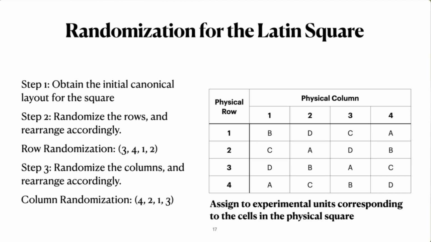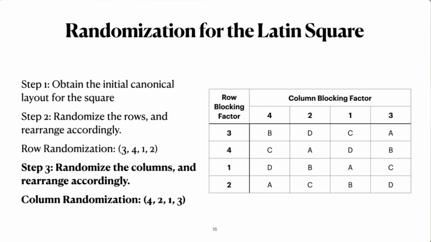And this is the organizational strategy that allows us to account for 2 extraneous sources of variation, and then when we do the analysis, we can perform treatment comparisons, either via pairwise comparisons or more general contrasts, in such a way that the variability due to the row blocking factor and the variability due to the column blocking factor gets filtered out, it gets subtracted out.